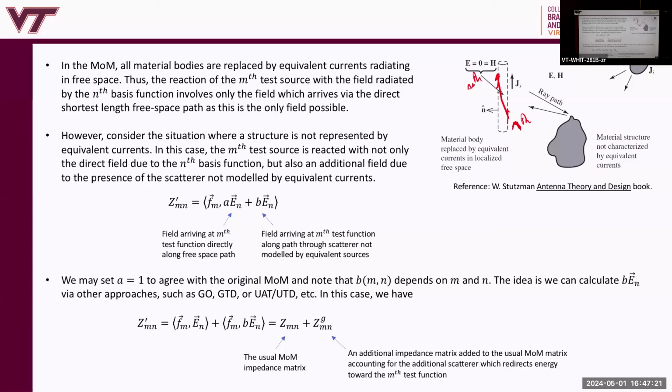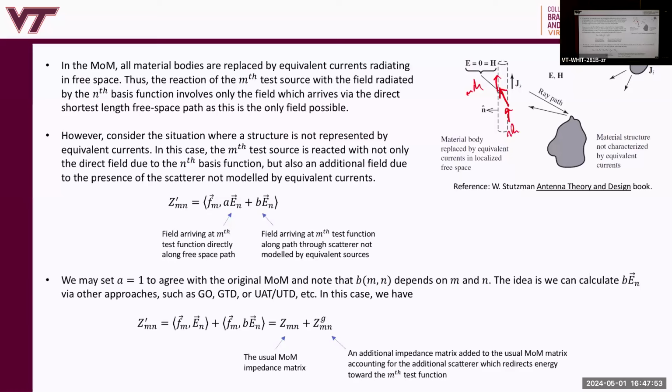However, consider the situation where a structure is not represented by equivalent currents, like this material body here. In this case, the mth test source is reacted not only with the direct field due to the nth basis function, but also with an additional field due to the presence of the scatterer not modeled by equivalent currents.